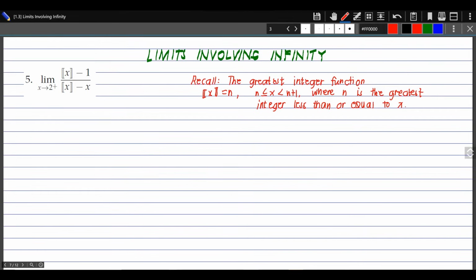So since in this item, x approaches 2 from the right, let's take a value very close to the right of 2, say 2.1. The greatest integer that is less than or equal to 2.1 is 2.